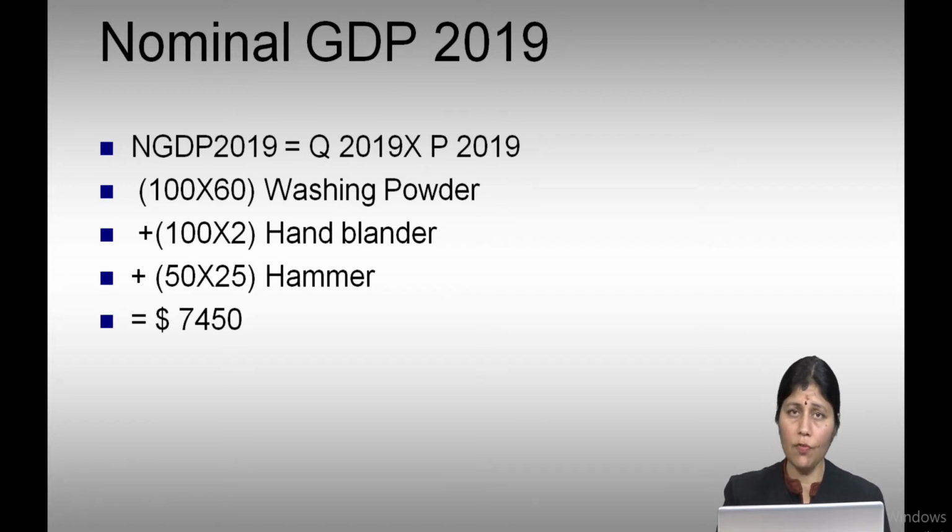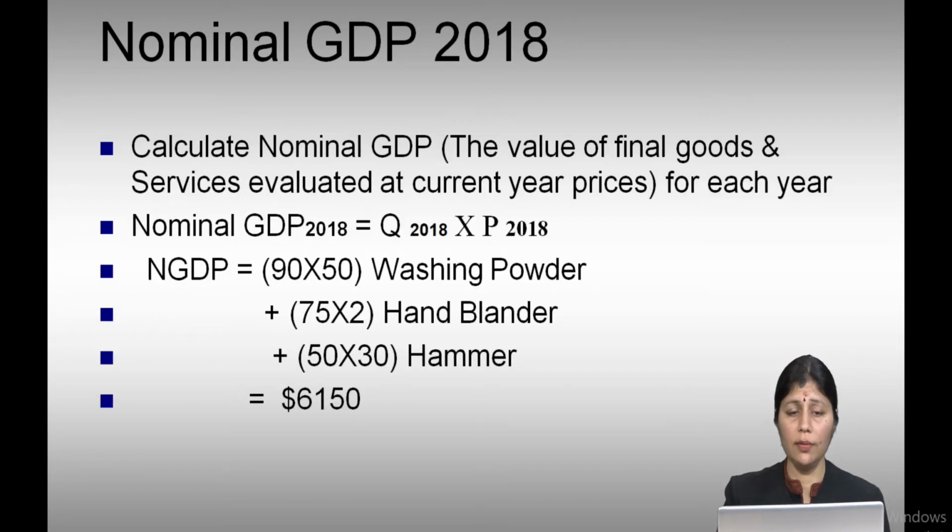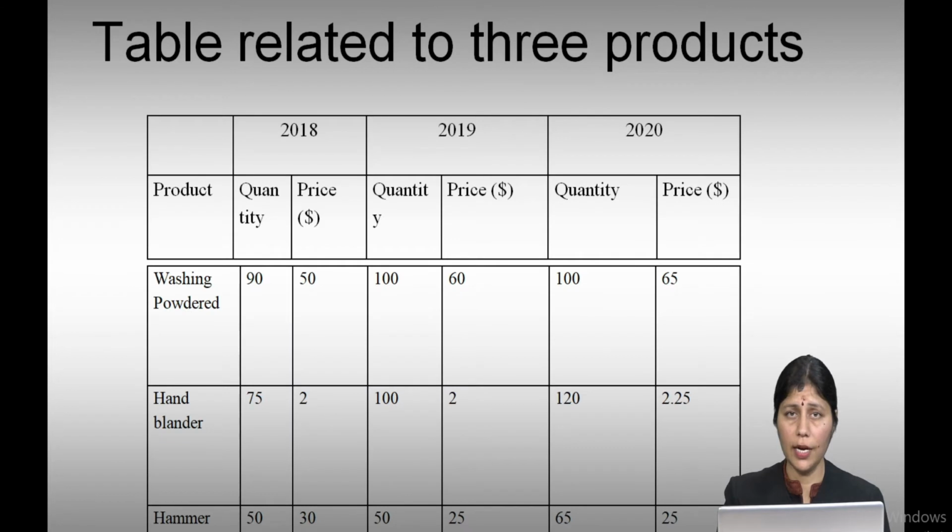Looking at the table, in 2019 the price of washing powder is 60.